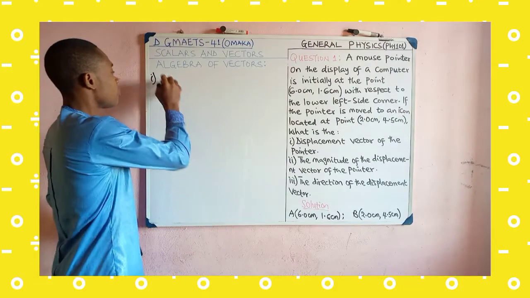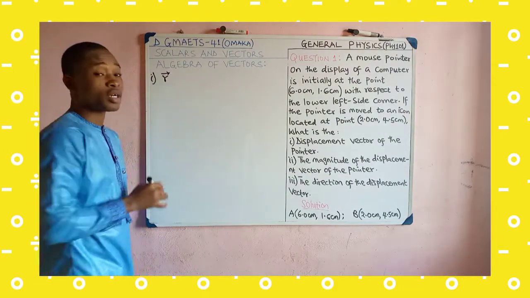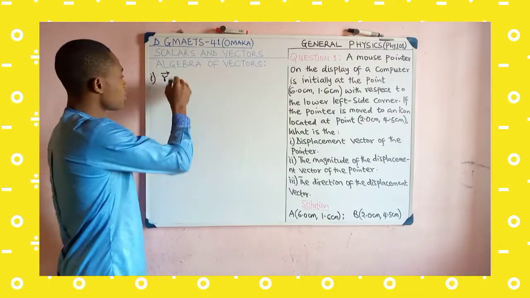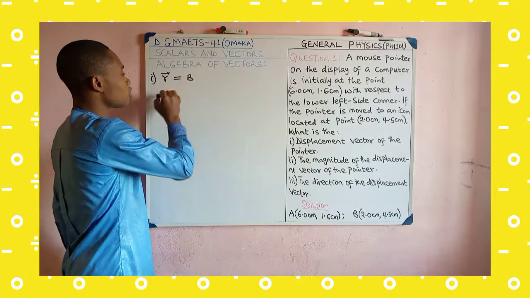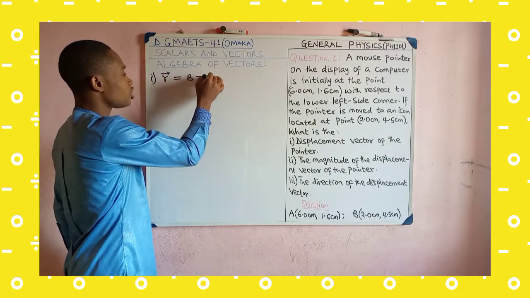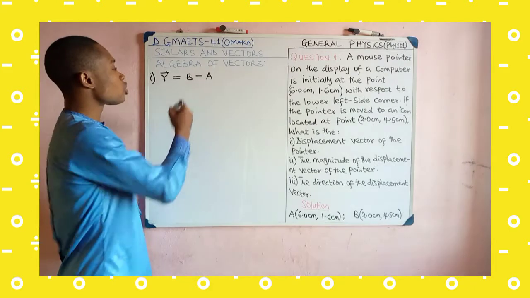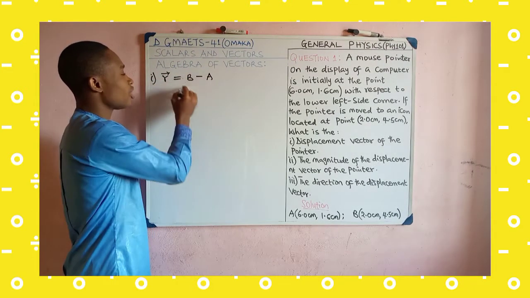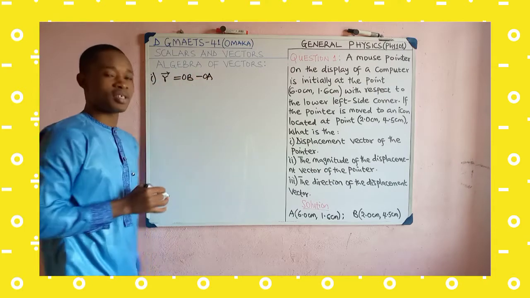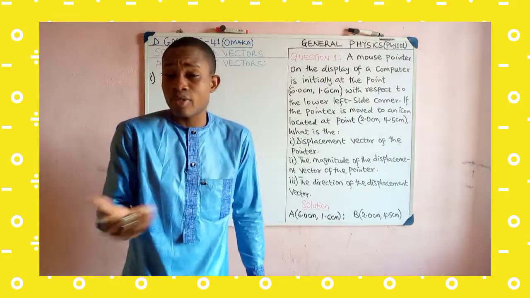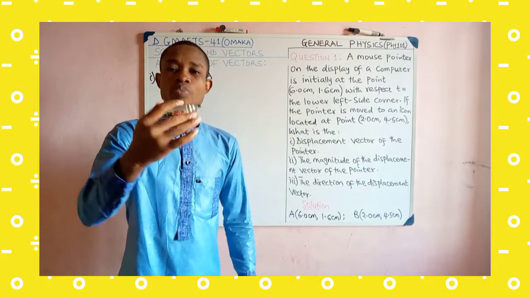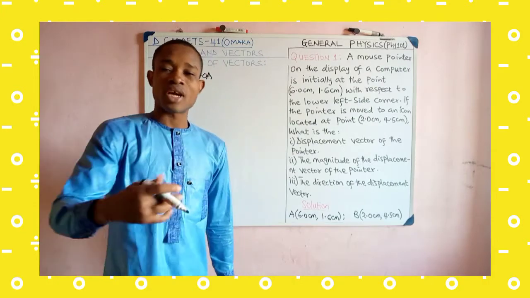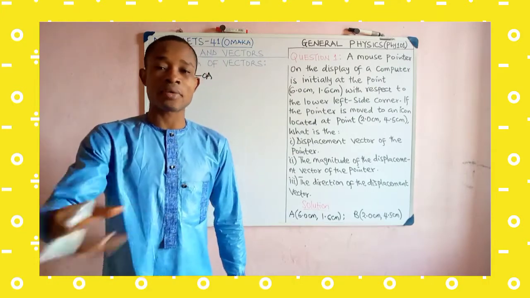So let us see. Permit me to use this as our displacement vector for the pointer. So it's going to be the final position B minus the initial position A. If I want to put O, I can say, okay, let this be OB and then minus OA. But I can still simply say B minus A. That O there represents the origin, and the origin has the coordinate 0, 0.